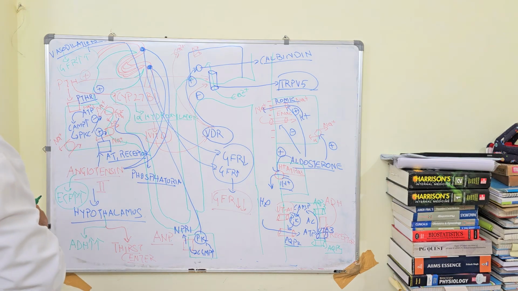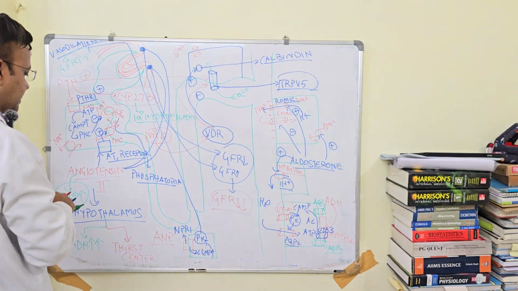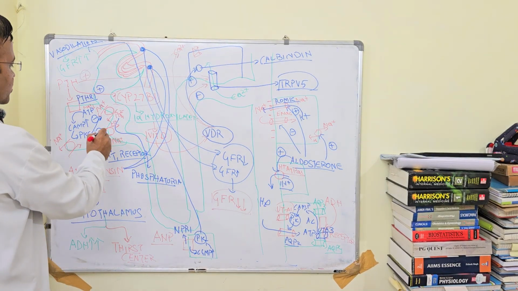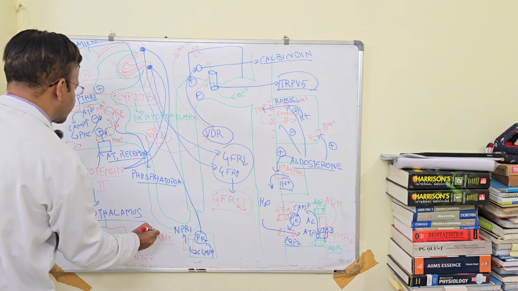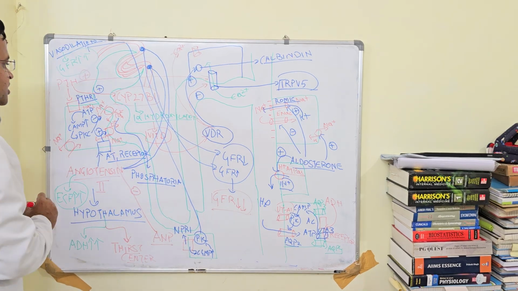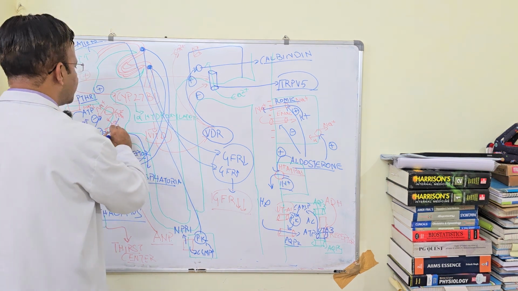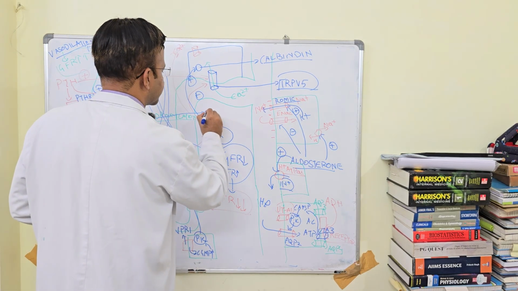Apart from that, your ANP is going to inhibit what? It's going to inhibit the sodium hydrogen exchanger. And if it inhibits your sodium hydrogen exchanger, what will it lead to? It will lead to natriuresis.